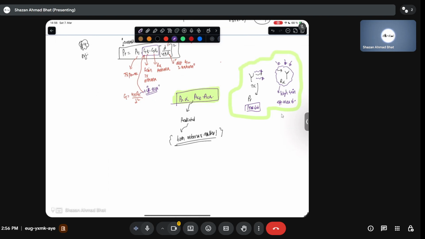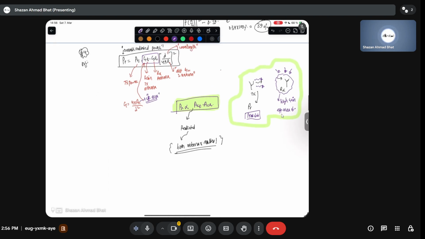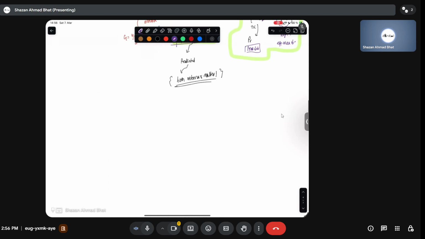And this is essentially the Friis formula. There are certain approximations in this formula as well. It's a very simplistic formula, but there are certain approximations which need to be considered. It also depends upon the wavelength squared.